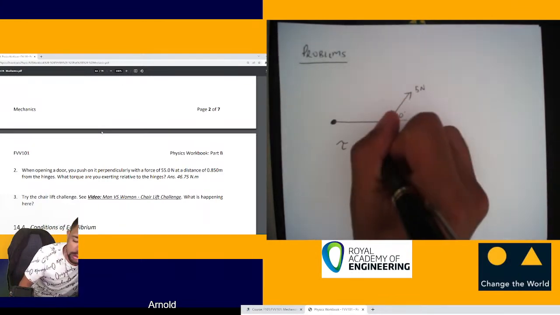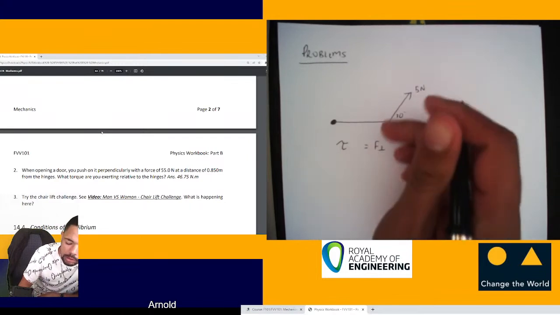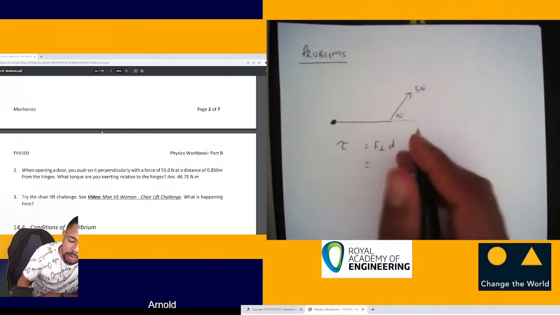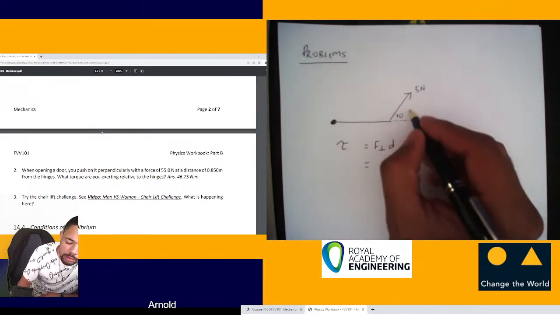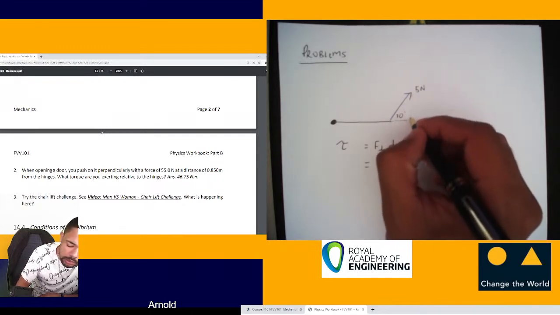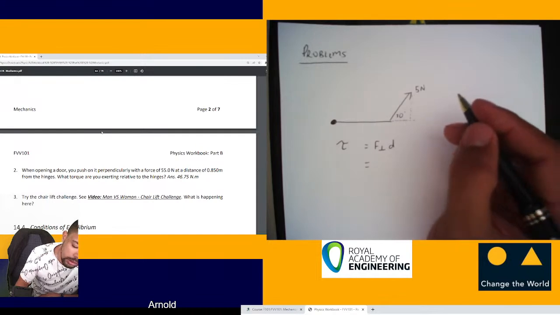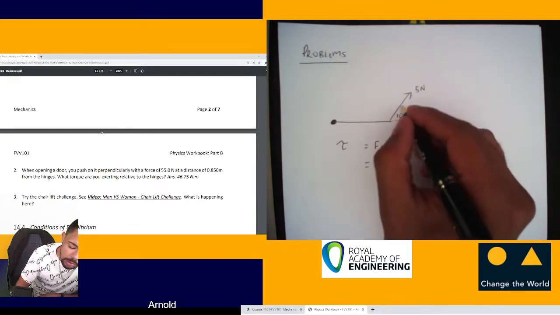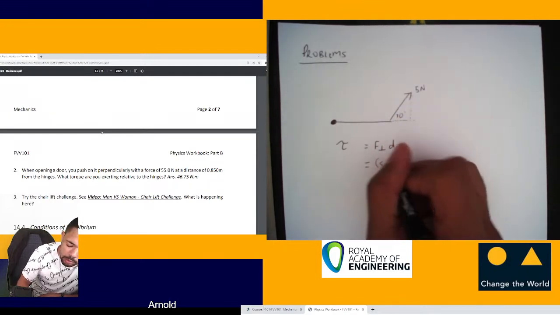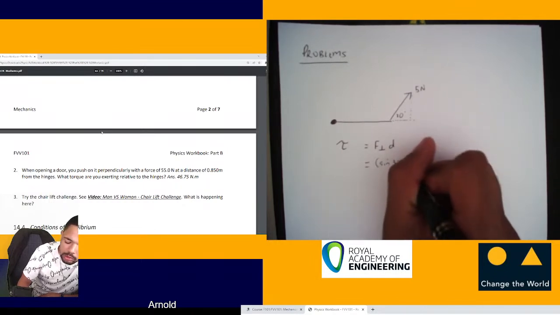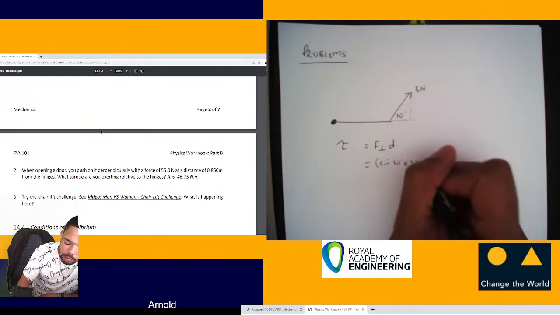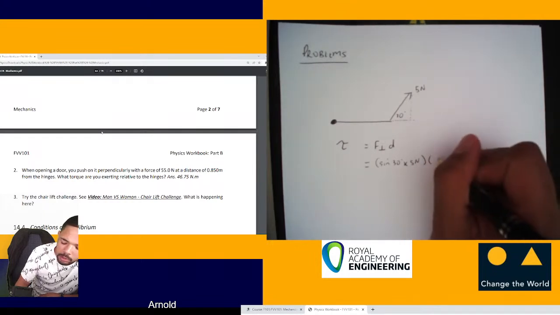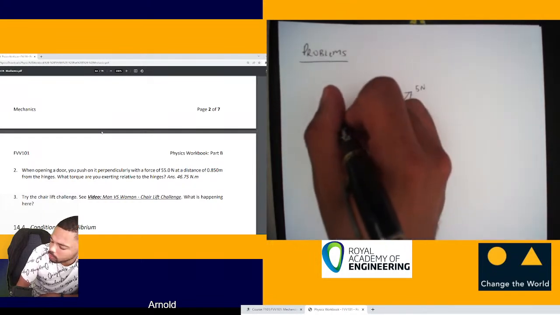First of all, we know the torque is nothing but the product of the perpendicular component of the force multiplied by the distance at which this force acts. The perpendicular component of this force is going to be the sine of 30 multiplied by 5 newtons. That is multiplied by the distance at which this force acts, which I did not put in.